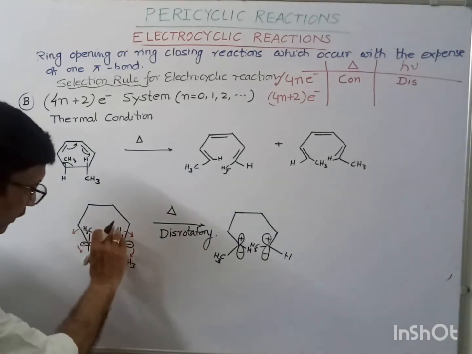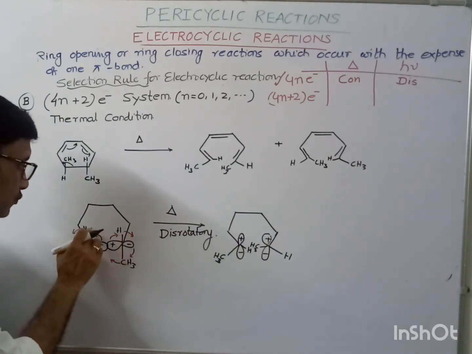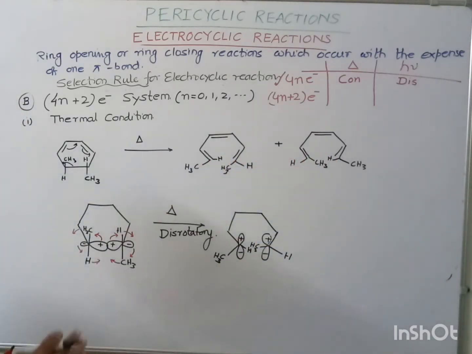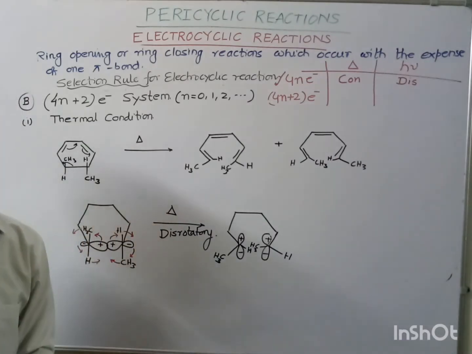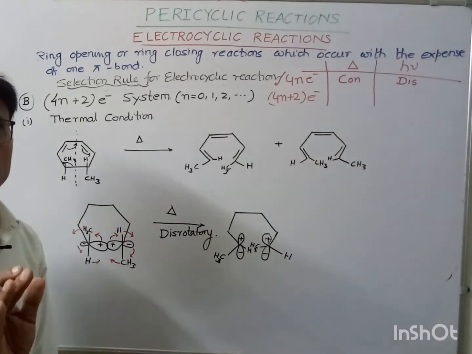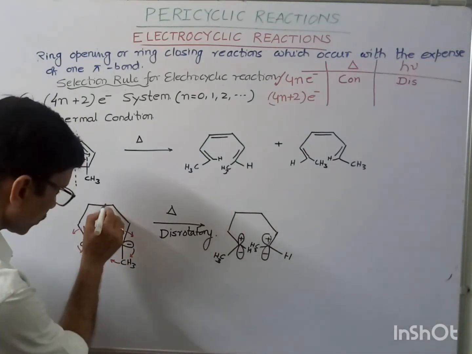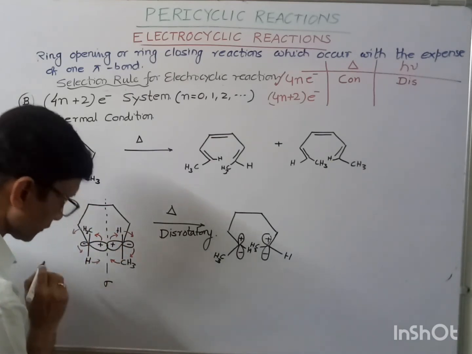Or in the opposite direction, suppose this moves anti-clockwise and this moves clockwise, then you will get this product. Such rotation will only occur under thermal condition. We are only concerned with the symmetry of the orbital. Here this orbital is symmetric with respect to the mirror plane.